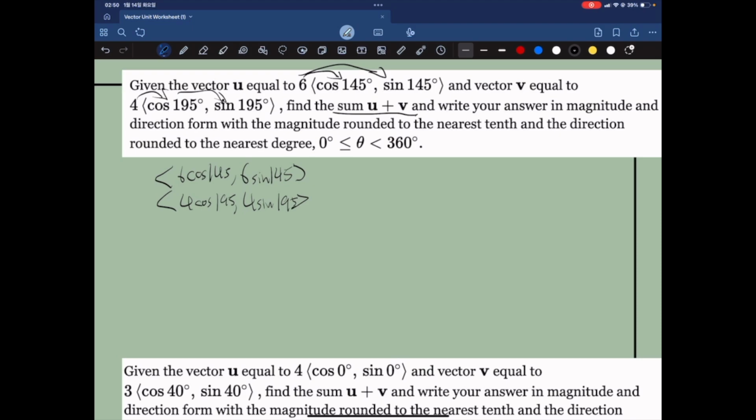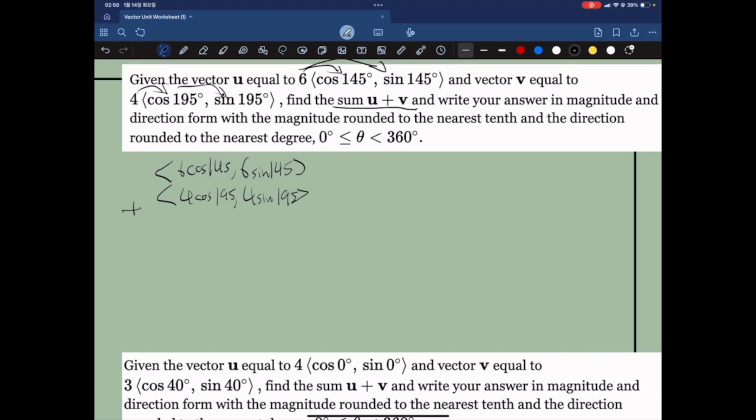Because you're supposed to add the vectors, you simply add them together. So then you get 6 cosine 145 plus 4 cosine 195, comma, 6 sine 145 plus 4 sine 195.